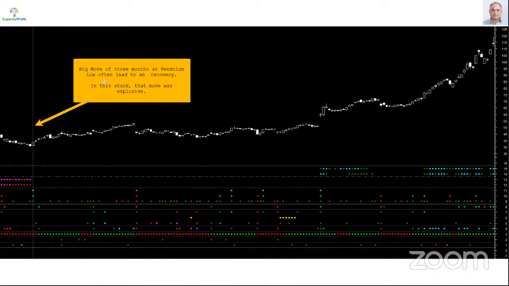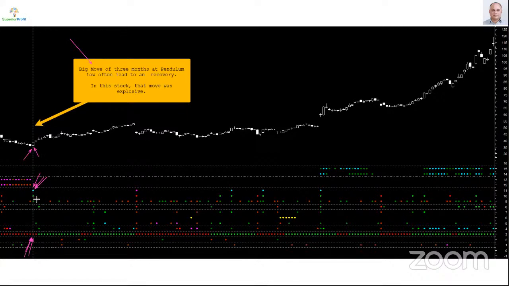This is a daily interval, a big move up of 3 months at pendulum low. This 3-month big move up happened at pendulum low and led to a recovery. Not that it was a very long candle, but this was the first time we would like to start buying with a proper Q-trade setup.